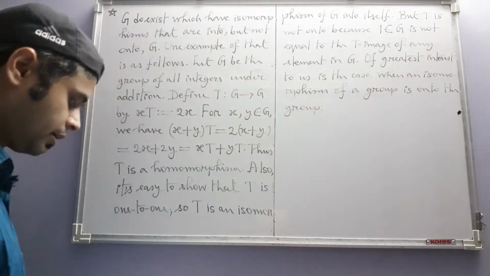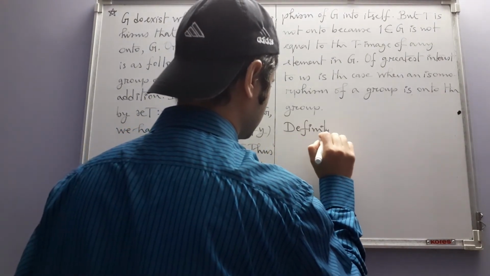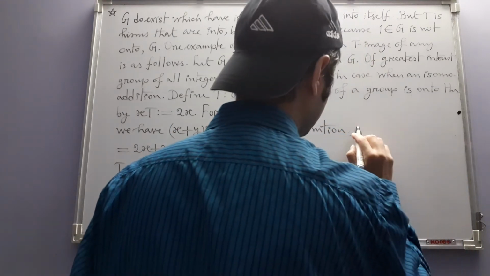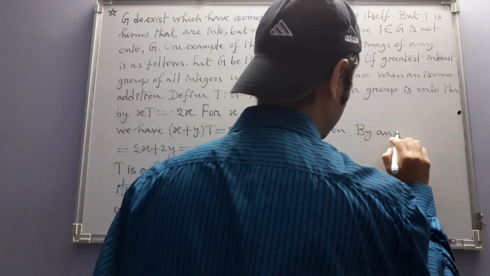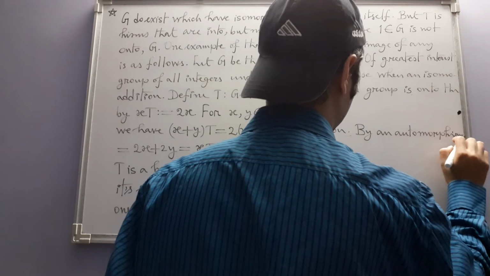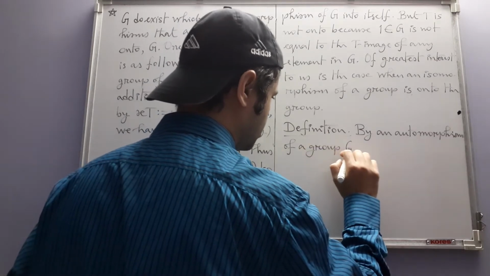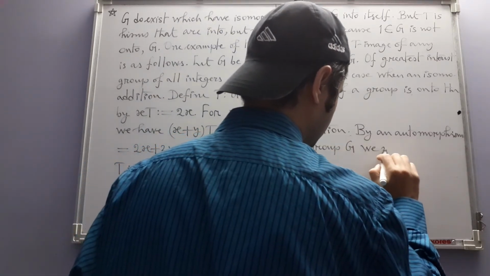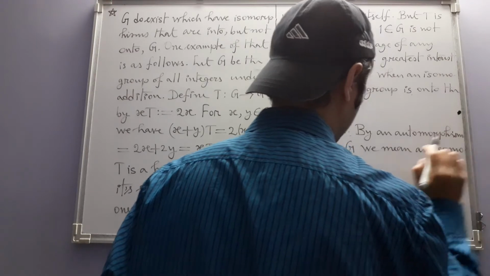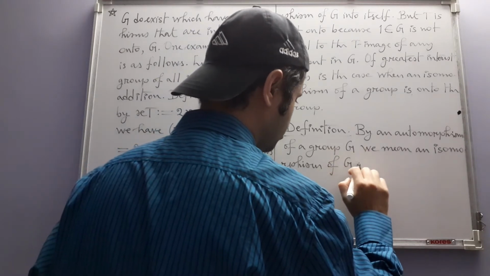And this prompts the next definition. By an automorphism of a group G, we mean an isomorphism of G onto itself.